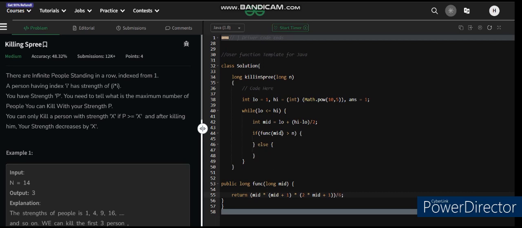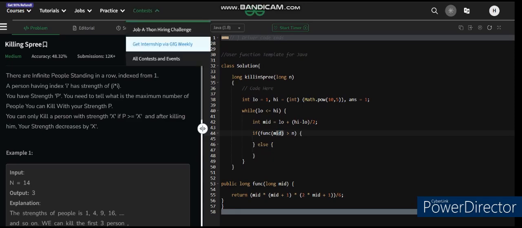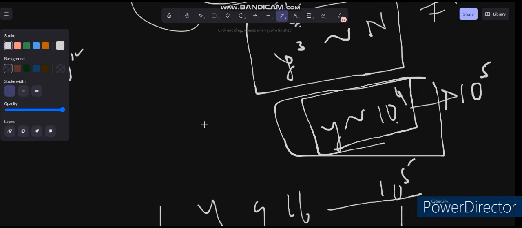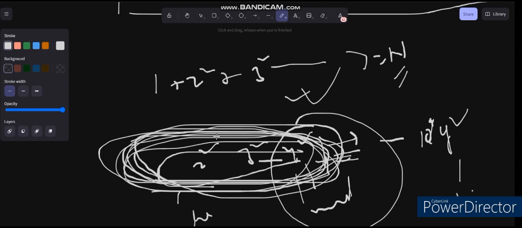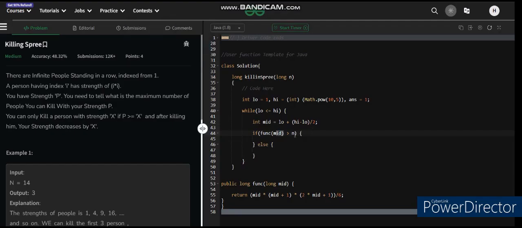So if the sum, like we discussed here, till mid, if it is greater than n, it means that we are completely devoid of energy. Now we cannot include more numbers, and we have to decrease the number. Then we'll have to go left.